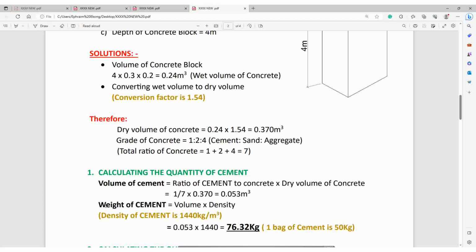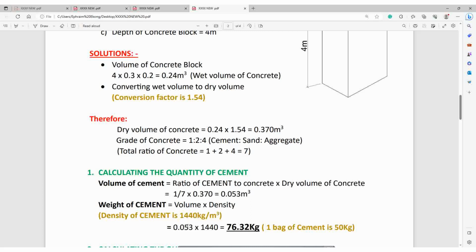To do that, you say the weight of cement is equal to the volume multiplied by the density. The density of cement is 1,440 kilogram per meter cube.